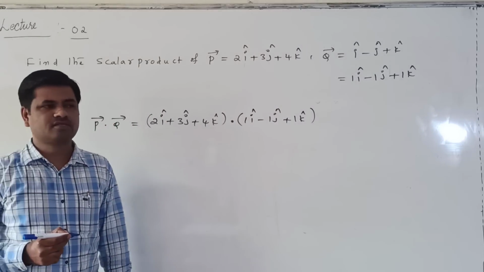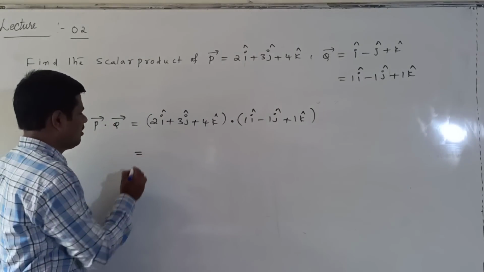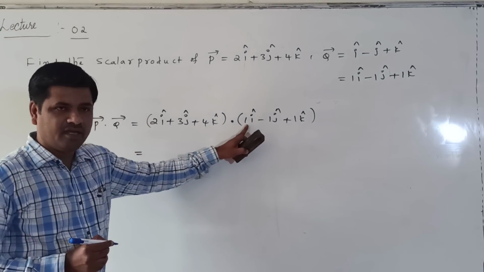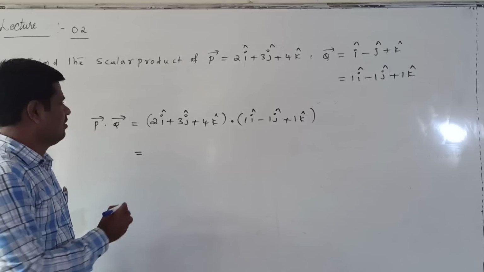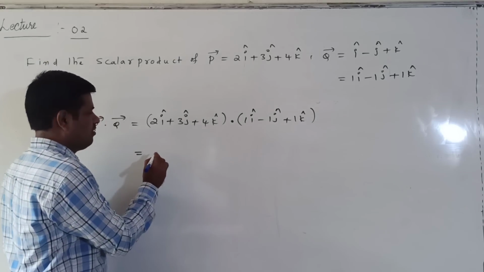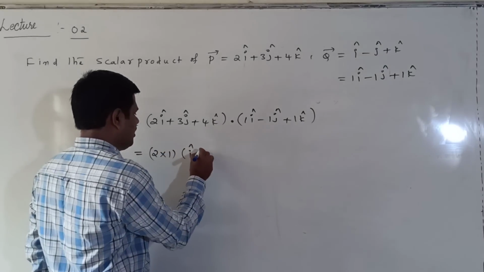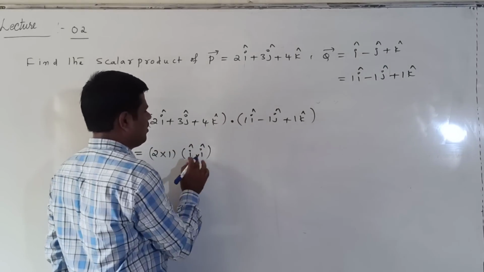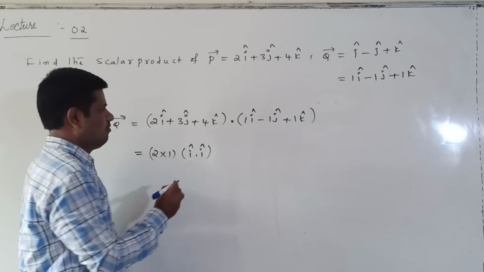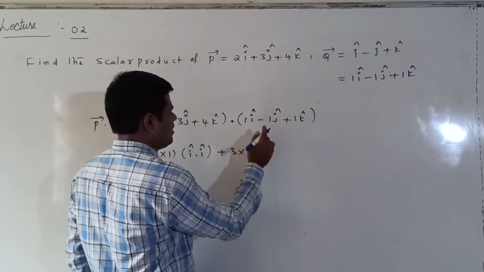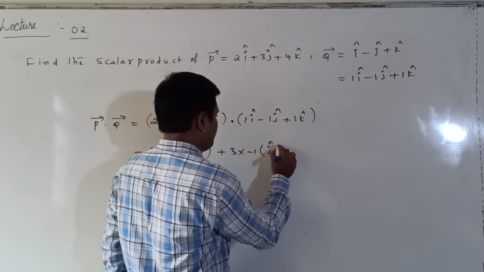Dot product means we multiply the coefficients of i cap. So I am writing 2 into 1 into i cap dot i cap, plus 3 into minus 1 into j cap dot j cap.